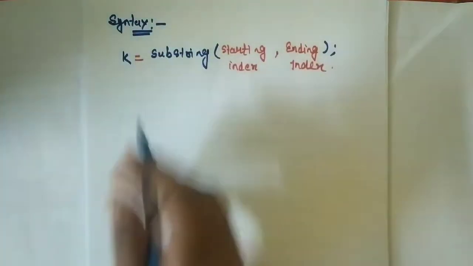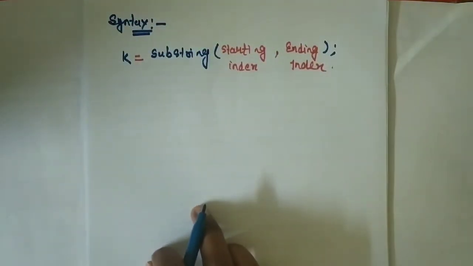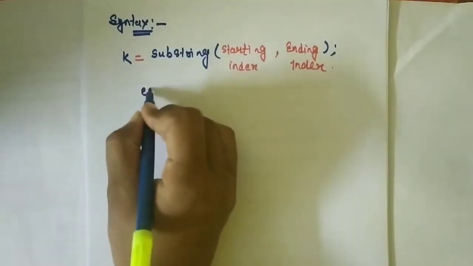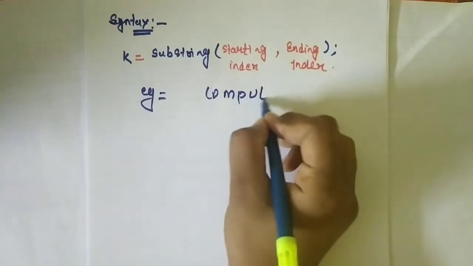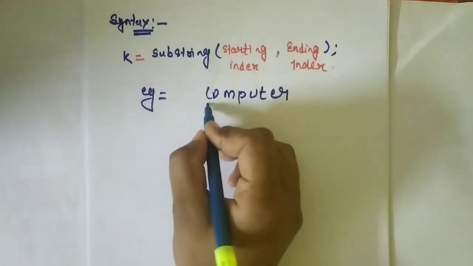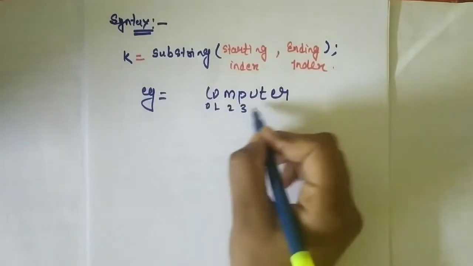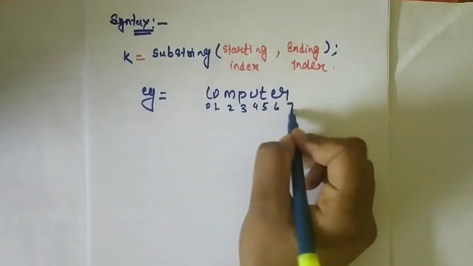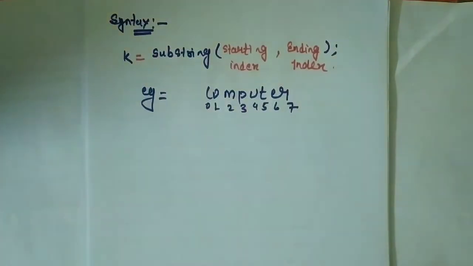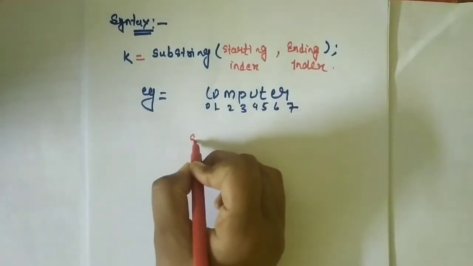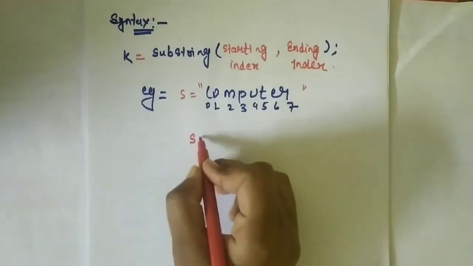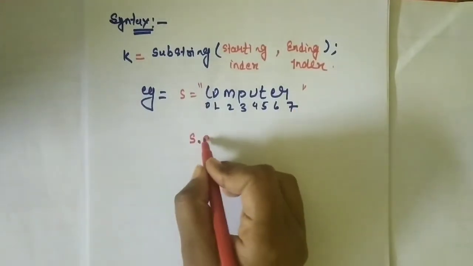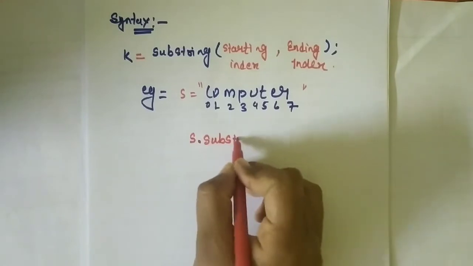So let's see the same example, computer, with indexes 0, 1, 2, 3, 4, 5, 6 and 7. This is the index of the string. So let's store in variable k, s dot substring.